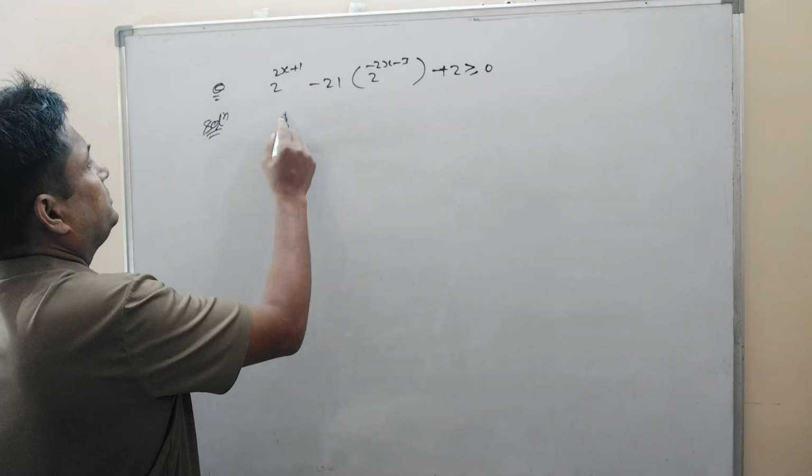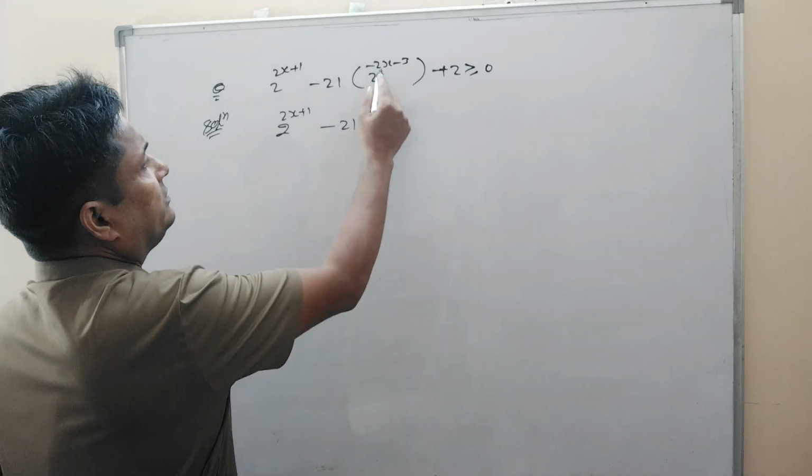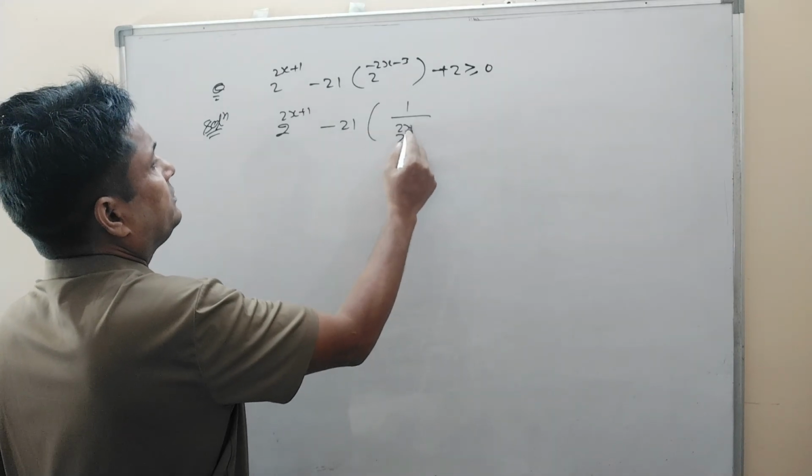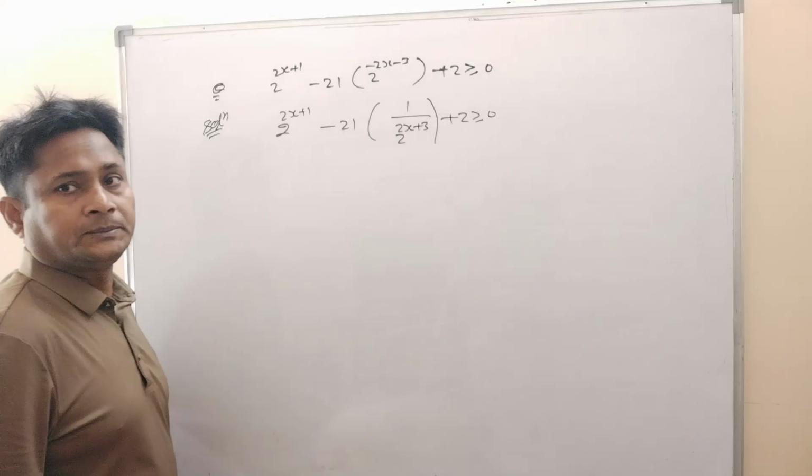This can be written as 2 to the power 2x plus 1 minus 21, and this will be written 1 by 2 to the power 2x plus 3 plus 2 greater than or equal to 0.